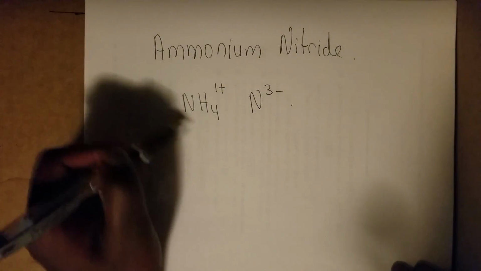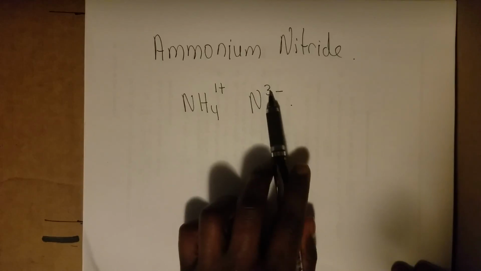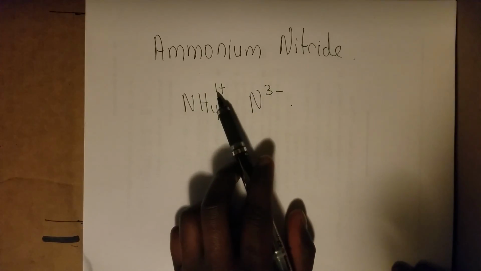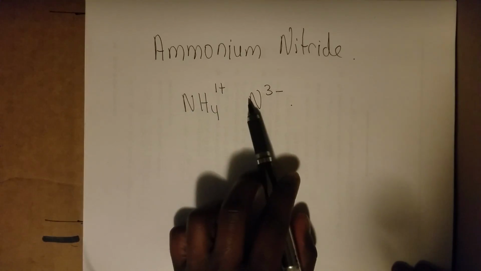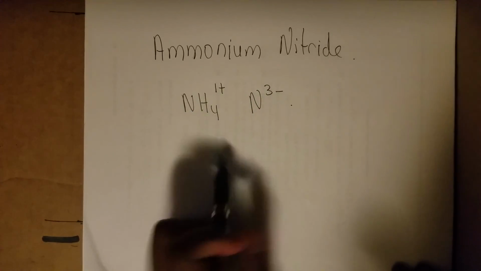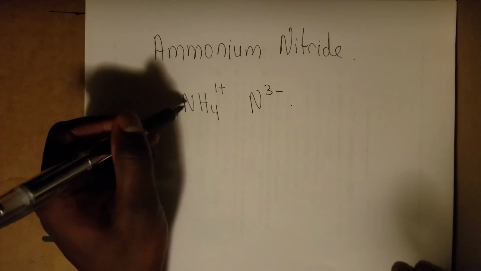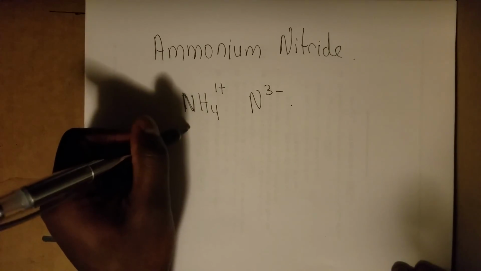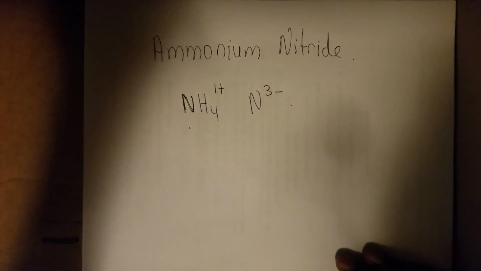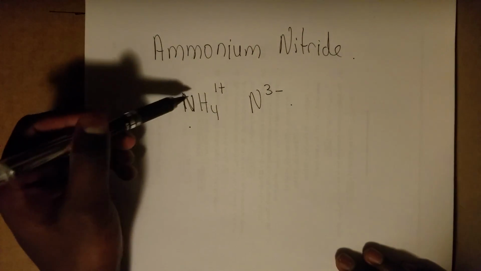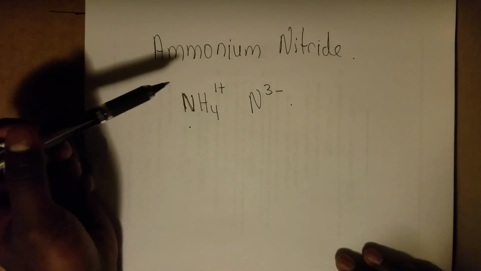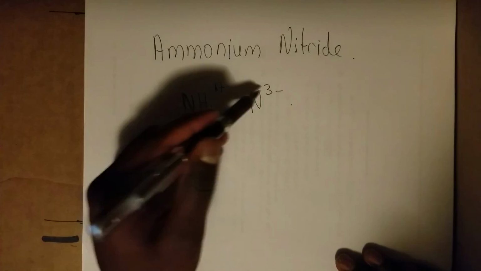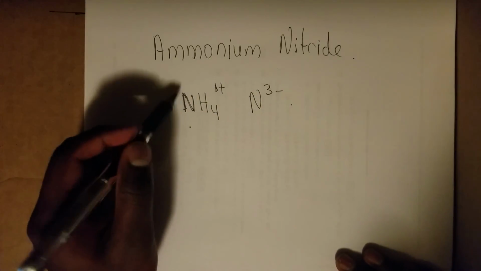So now you want to balance. This whole thing is 1, this whole thing is 1. You need to balance the charges. If nitride gives you 3 minus, then you need 3 ammonium.